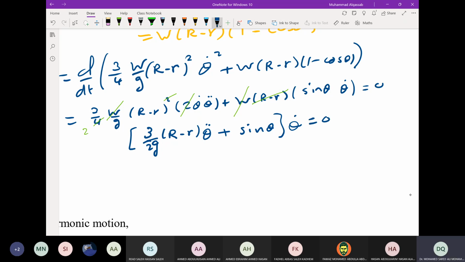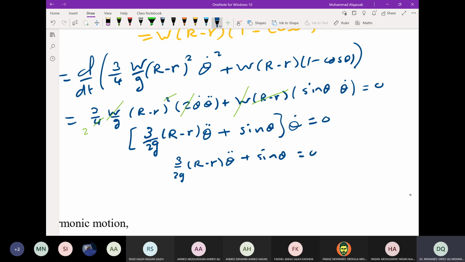As you can see, the energy method will give you theta dot as well. So either theta dot is 0 or the bracket is 0. Theta dot is 0 means there is no vibration. And our required equation will be 3/2g (R minus r) theta double dot plus sine theta equal to 0. This is the differential equation.